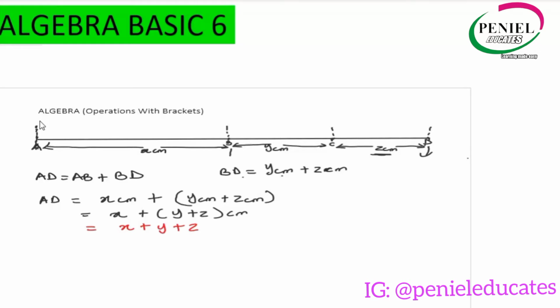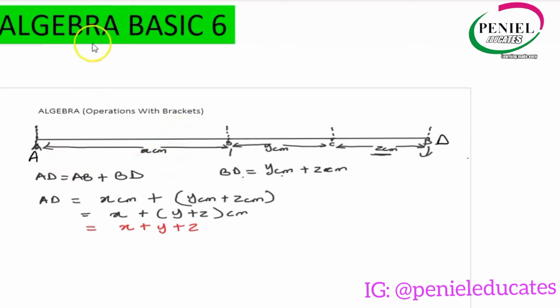So let us start with algebra, looking at the operations with brackets. Now, if you look at the line that is drawn, the diagram shows line A and D. That diagram is divided into 3 parts.